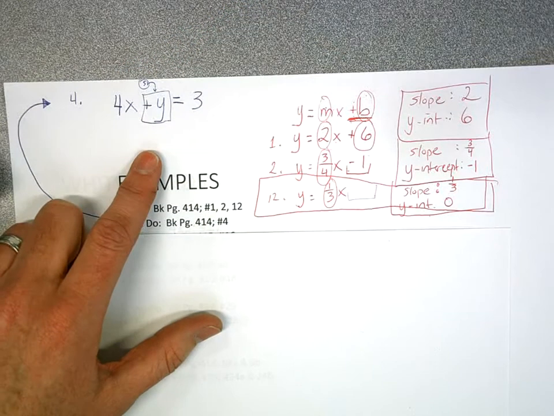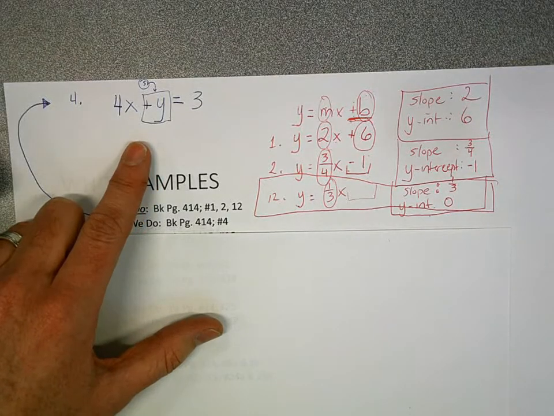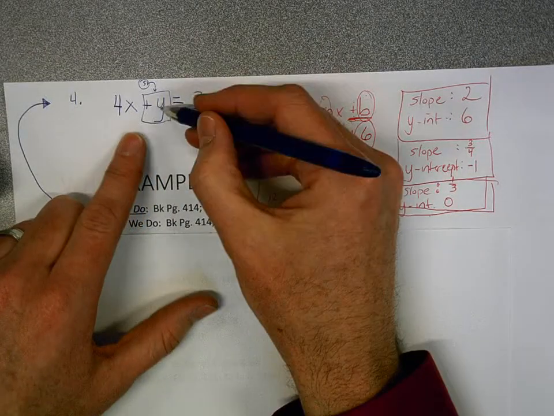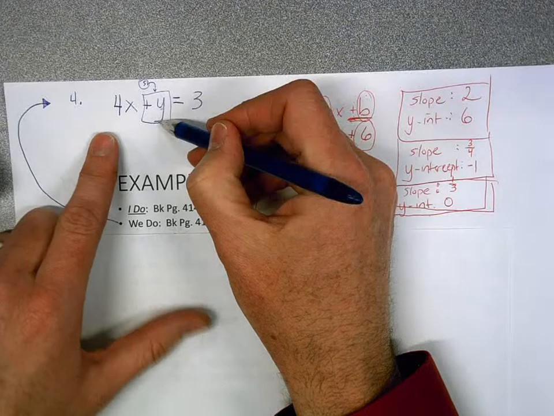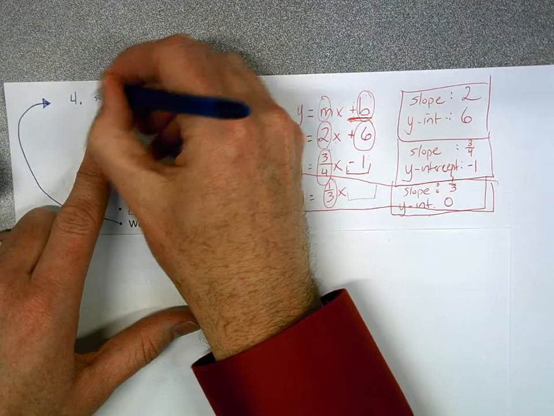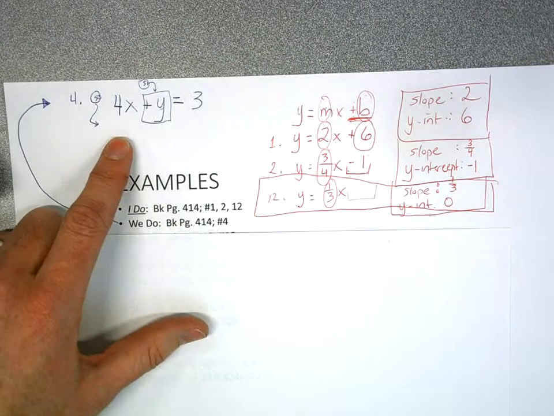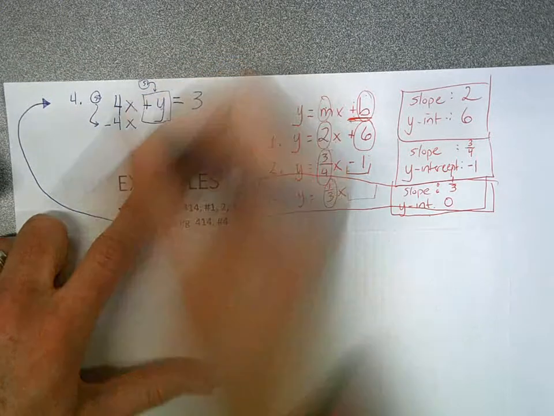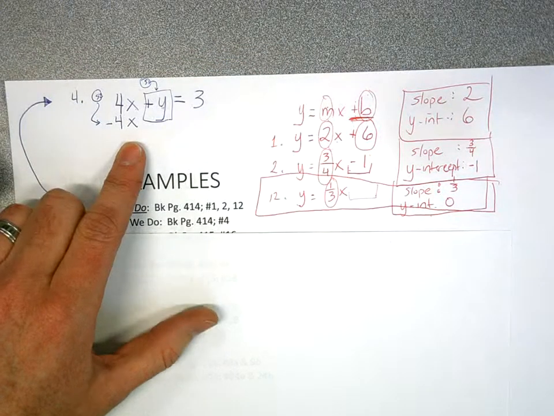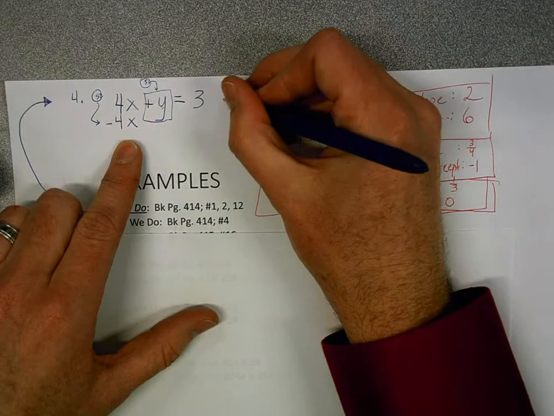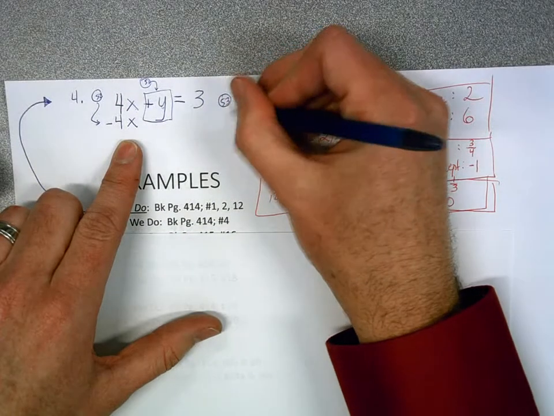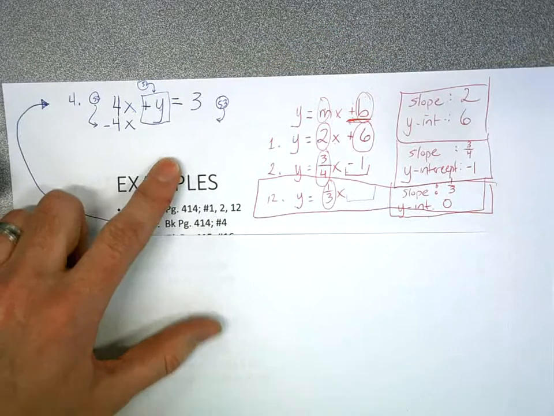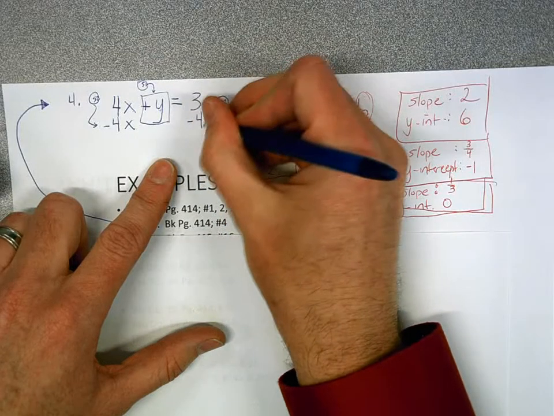We're going to isolate it as if this was a one-step equation. So to isolate the y, I'm going to do the additive inverse here. This is positive 4x, so I'm going to subtract 4x. Like a one-step equation, whatever we do to one side, we do to the other side of the equal sign.